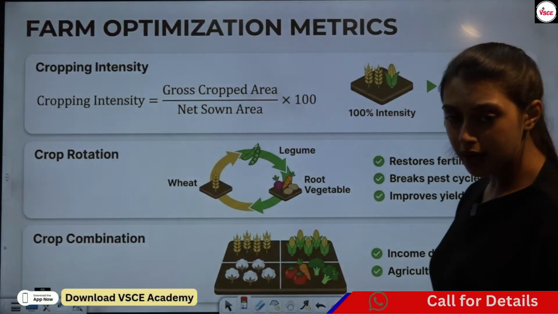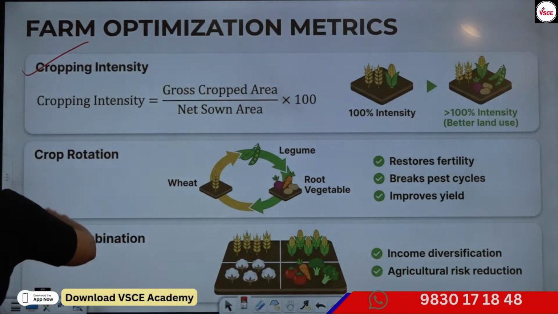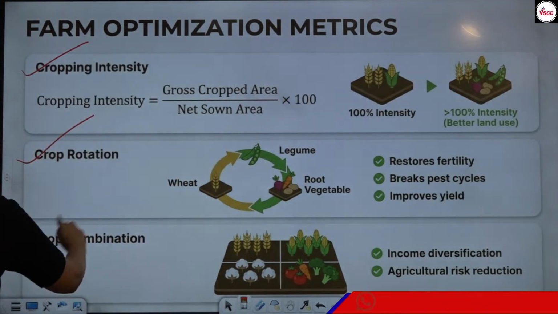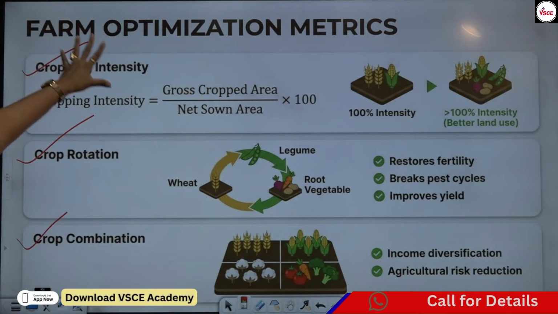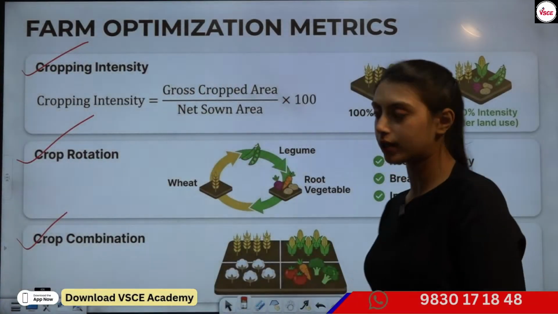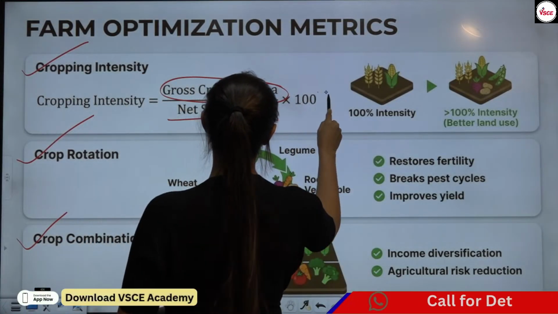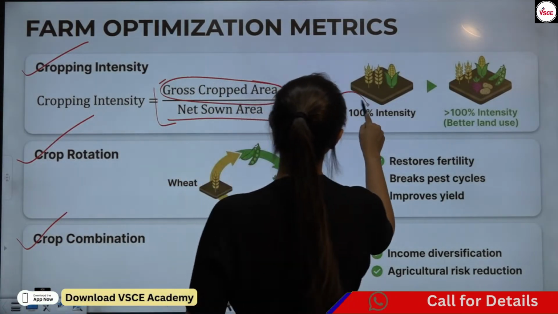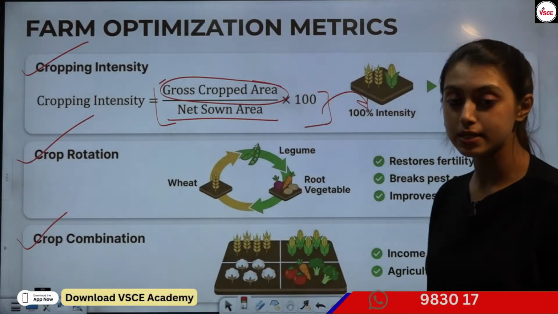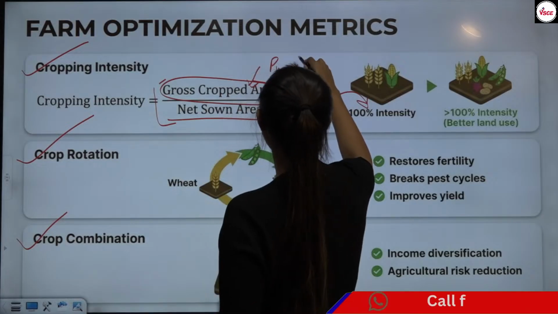Now, farm optimization metrics. We were talking about cropping intensity, crop rotation, crop combination. All of these topics we have already talked about. So cropping intensity, let's see what it has to tell us. There is the gross cropped area by net sown area into 100, which gives us a percentage. Please tell me which area has high cropping intensity?